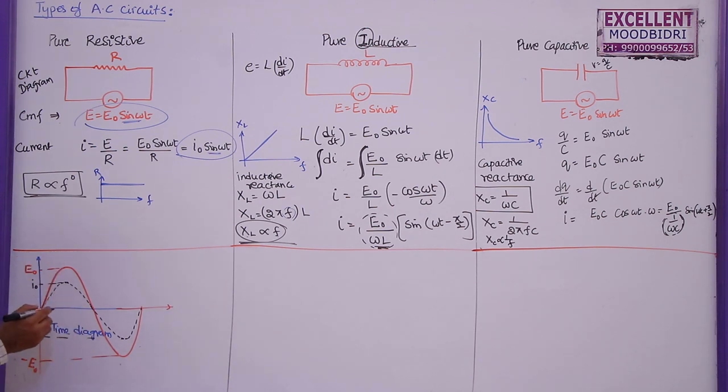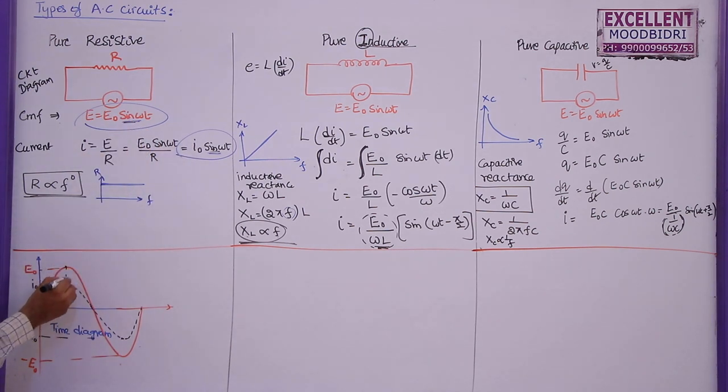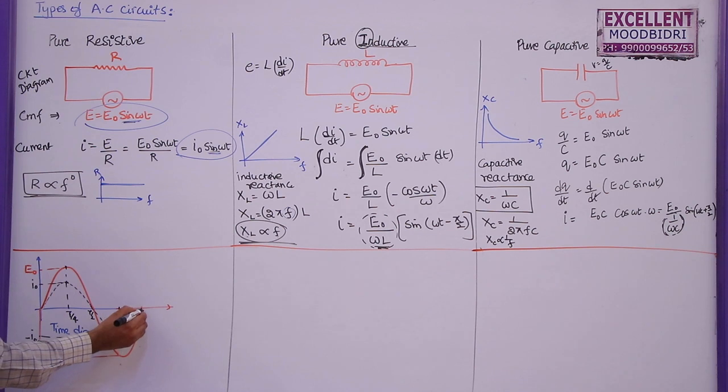You can see both are sine curves, and when the EMF is 0, current is 0. When the EMF is maximum, at the same time current is maximum, and here the time period is T by 4, this is T by 2, this is 3T by 4, this is T. So this is called a time diagram that shows the variation of EMF and current with time.